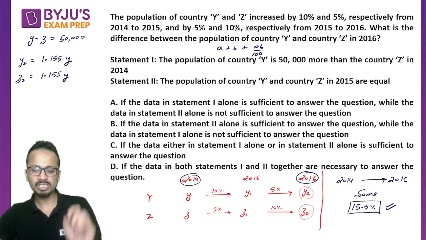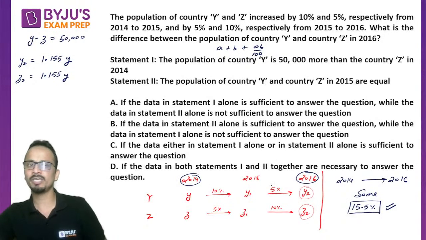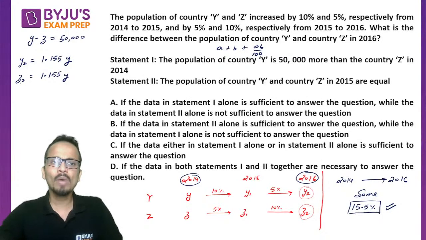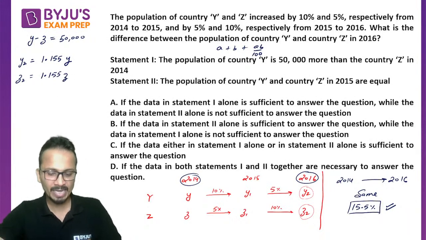Just substitute these values and you will get the net percentage change. Okay. Now coming back to this, I have written Y2 and Z2 in terms of Y and Z.